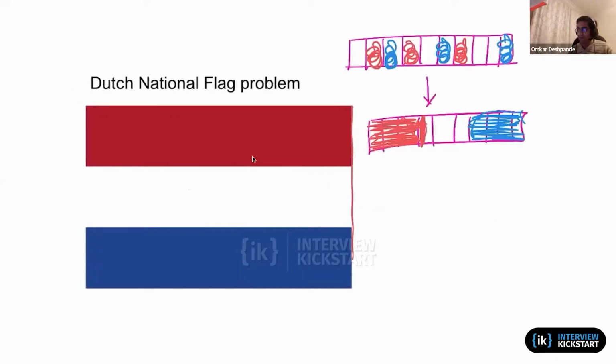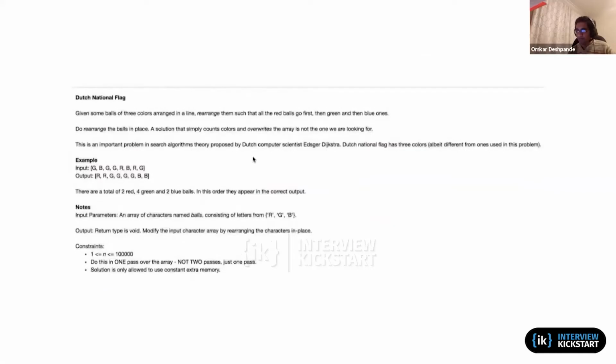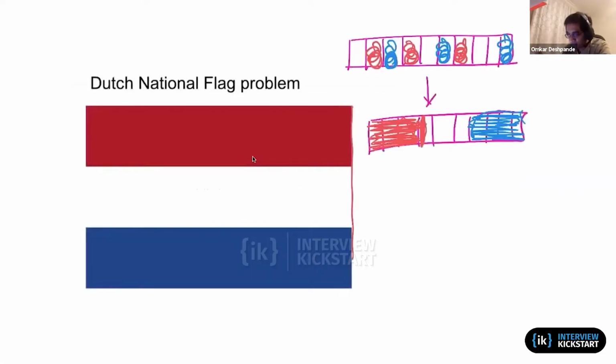The Dutch national flag problem is the original three-color version of the problem. In the problem set that you were given, for some reason, the three colors are R, G, and B. Not R, W, and B. Let's think of them though in terms of red, white, and blue.